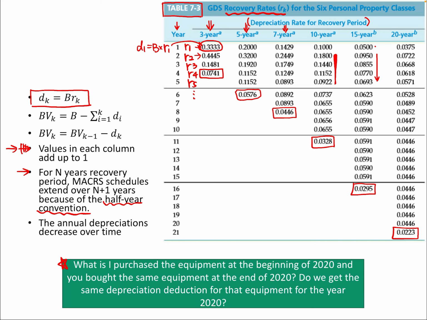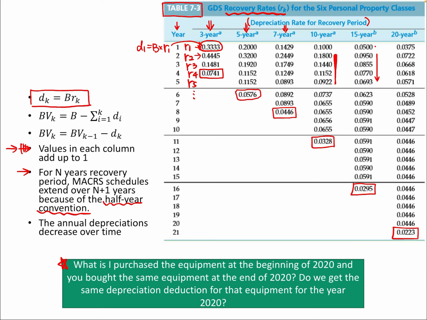And that tiny bit is used to make up for the business who loses the half-year depreciation deduction in the first year. The same thing for the 5-year column, we have R6.